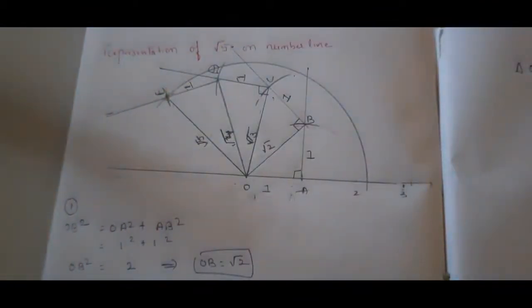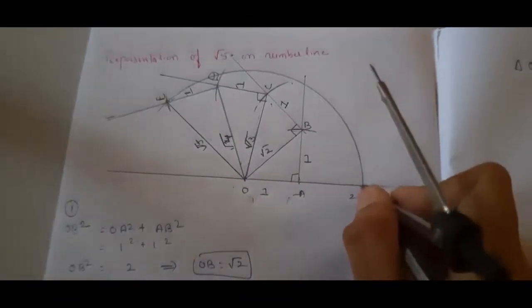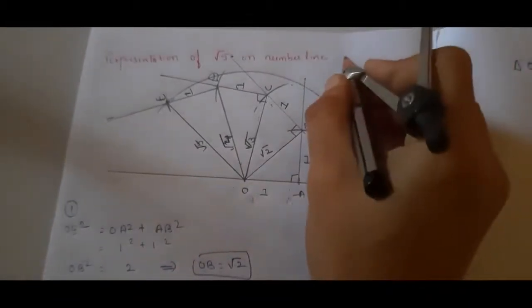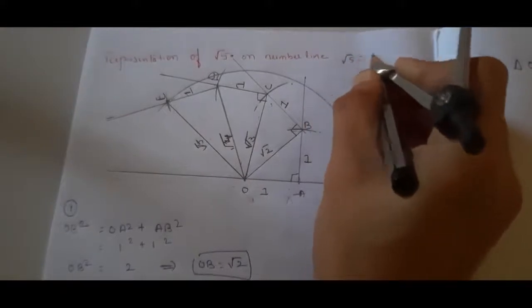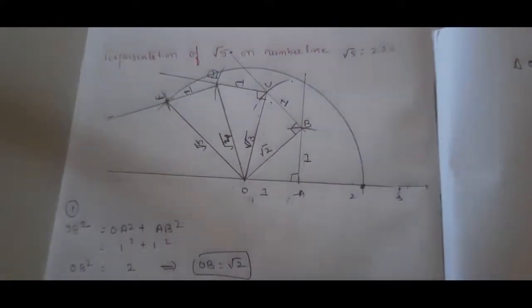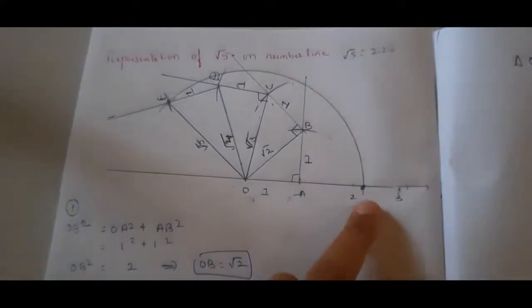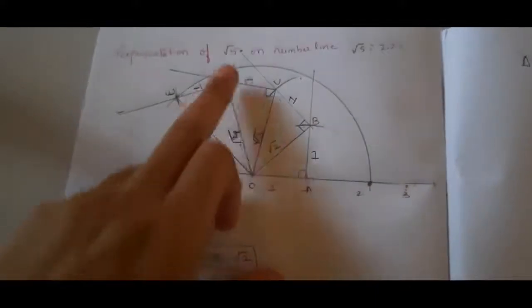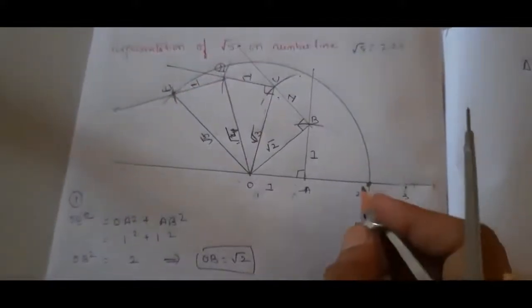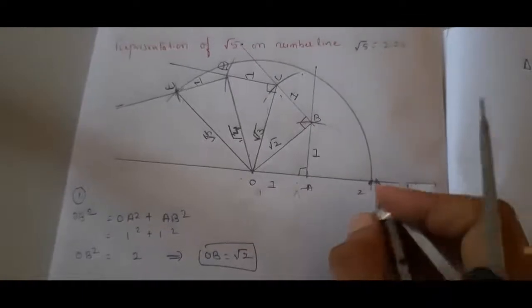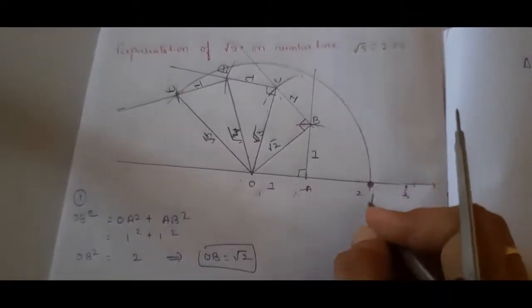See, this is where it is represented, here after 2. Students, when we calculate root 5 we get 2.23 something. See, it is marked above 2, so this representation of root 5 is right. Understood? This is root 5.